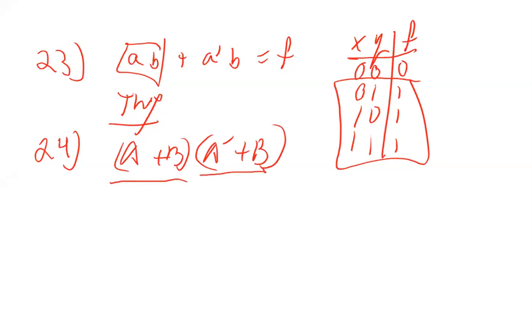So the max terms, and each one of these is called a max term, the max term for each element must be true. Or you could say all the max terms must be true for the expression to be true. And that's question 24. What do you think of that? Right? If this were a 0, everything would be 0 because you'd be multiplying by 0.